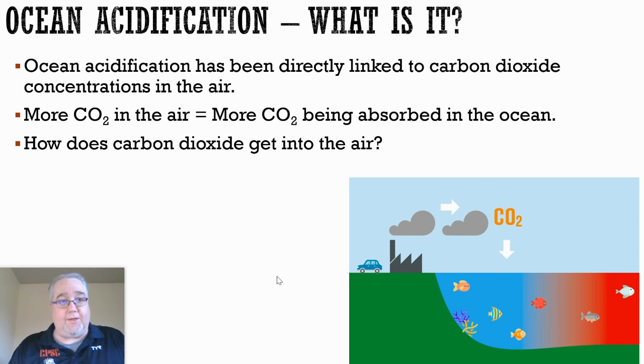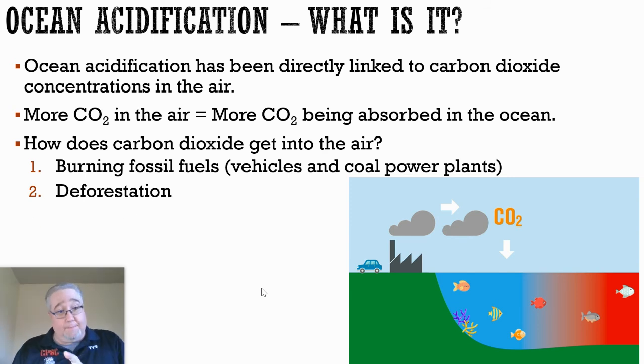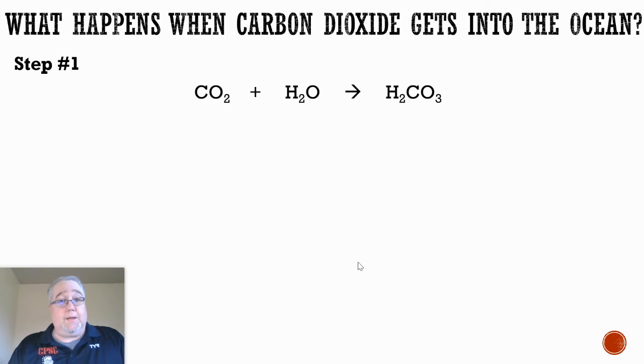There's a direct link there. And we know that CO2 gets into the air by burning fossil fuels, either from vehicle emissions or coal power plants, and also deforestation. Those are the major ways that CO2 gets into the air. Make sure you know both of those for the AP exam. So if we're putting all this CO2 into the air, it's going to get into the oceans no matter what.